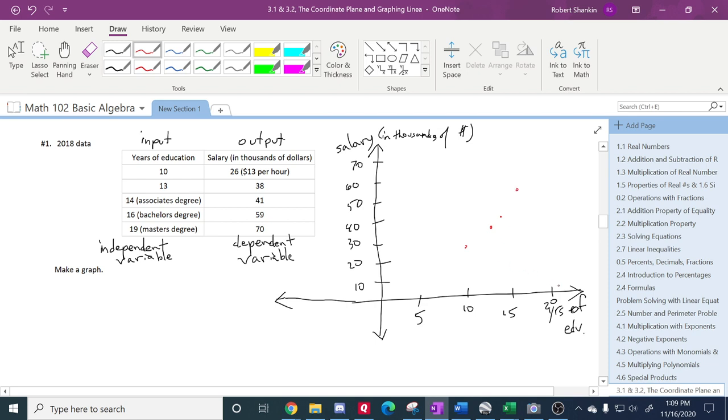And then 19 we go up to 70,000. So we can see as you get more years of education, you make more money on average.